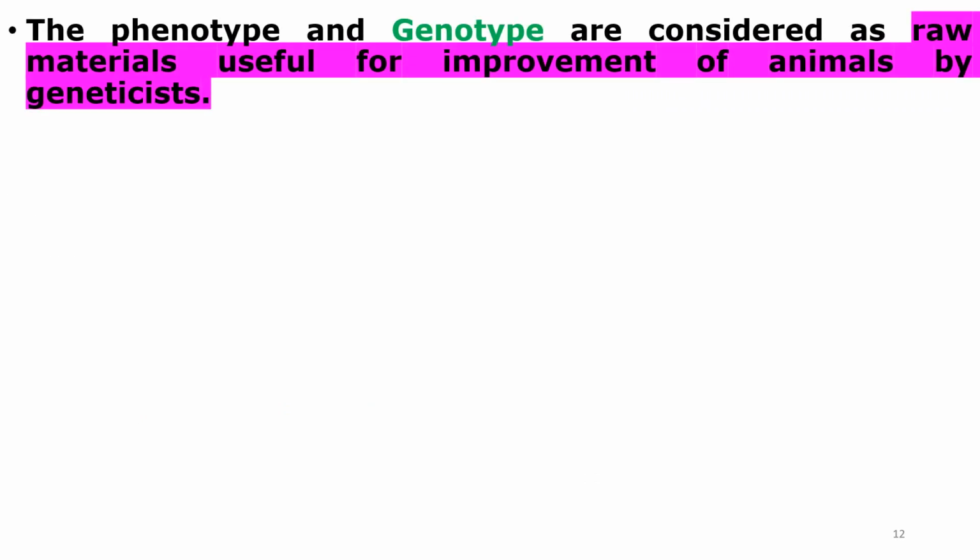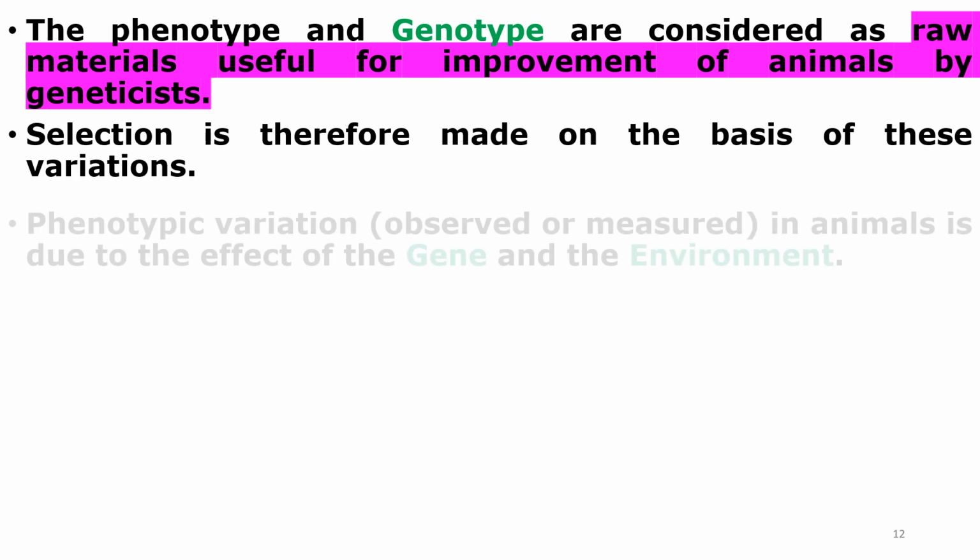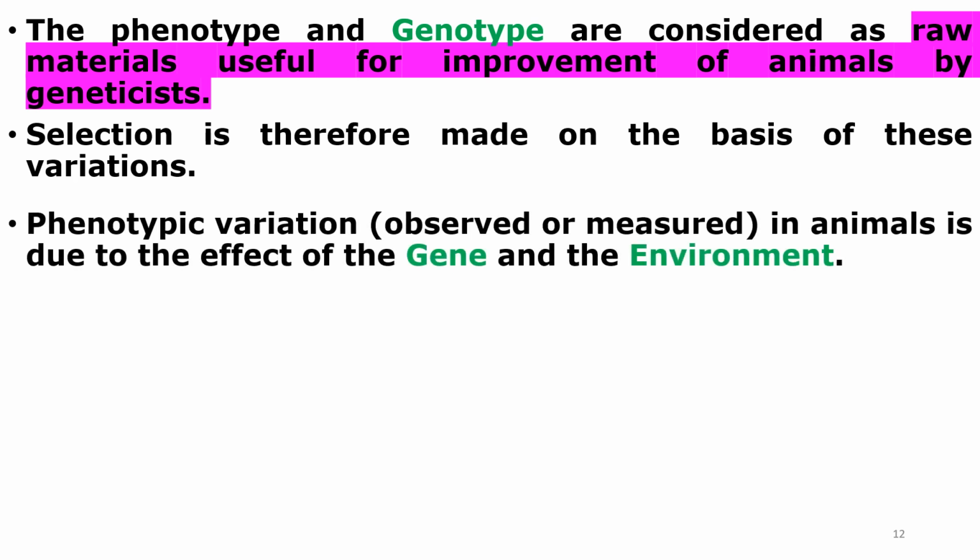The phenotype and the genotype are therefore considered as raw materials when we want to improve animals, because selection is made on the basis of how the phenotype and the genotype vary. Phenotypic variation observed or measured in animals is due to the effect of the gene and the environment.